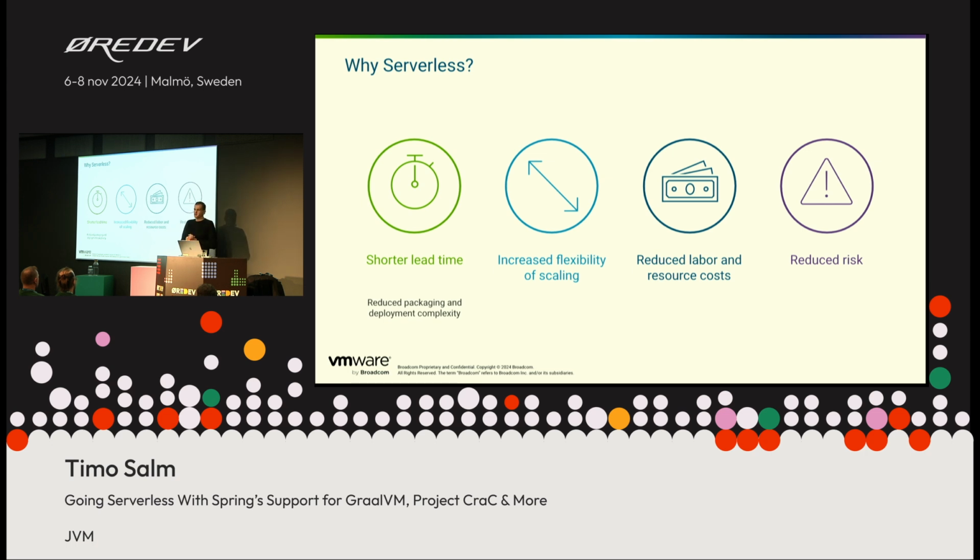Reduced labor costs for sure: if you don't have the people that manage all the hosts, etc., you have to pay for the service from someone else, but you don't have to pay those people that do it. Also reduced resource costs if you're using things like auto-scaling or even scale to zero. Last but not least, all of that means reduced risk.